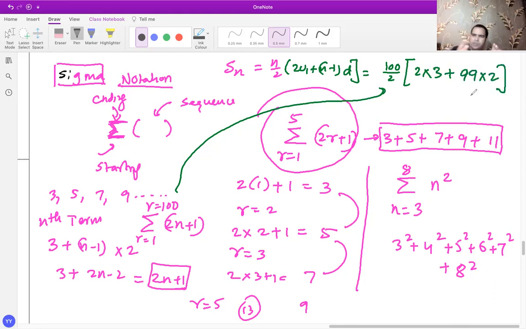You evaluate using the formulas, but sigma is just an alternate style to write a particular sum in a more concise, condensed way. That's how you tackle the sum command for a sequence.